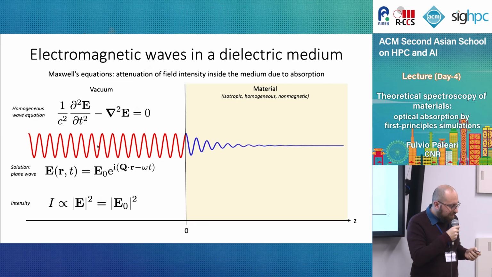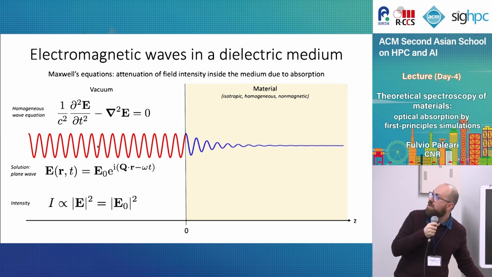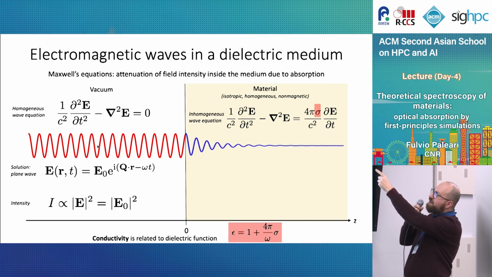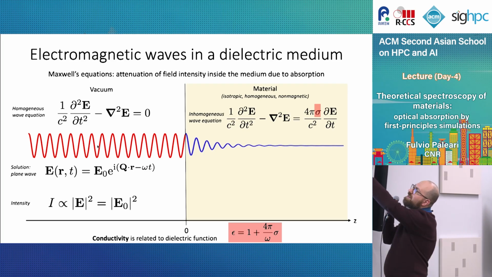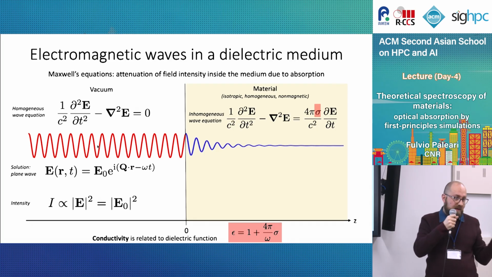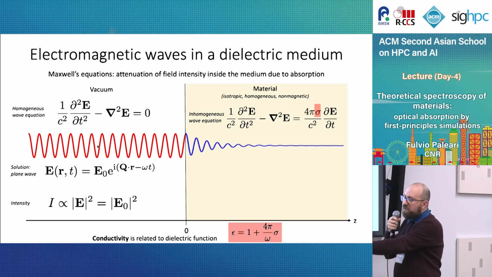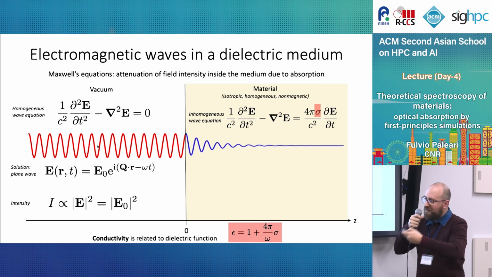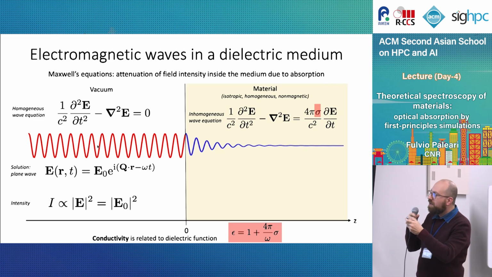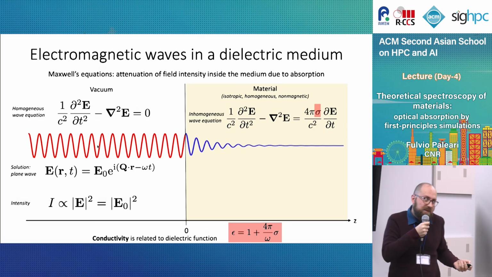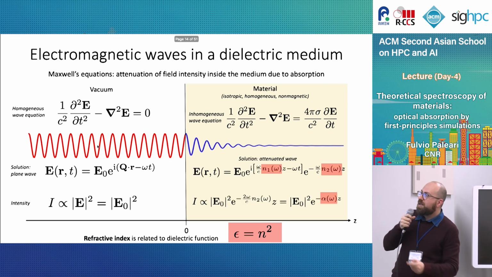But then if we solve the inhomogeneous equations, the inhomogeneous wave equation is this, and you see that we have this sigma appearing. This is the conductivity. But in reality, the conductivity you can rewrite in terms of the dielectric function. So it's always the same function, basically. Okay, we solve this, and what do we get as a solution? It's not a plane wave, for sure. It is this.